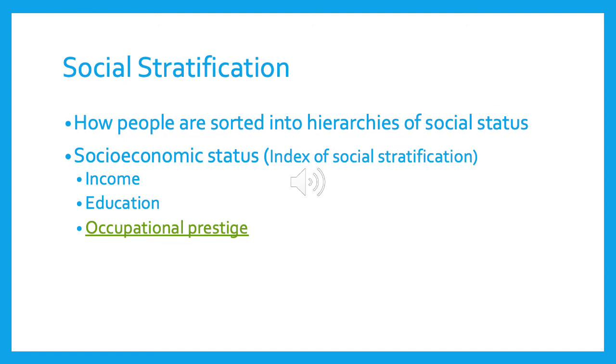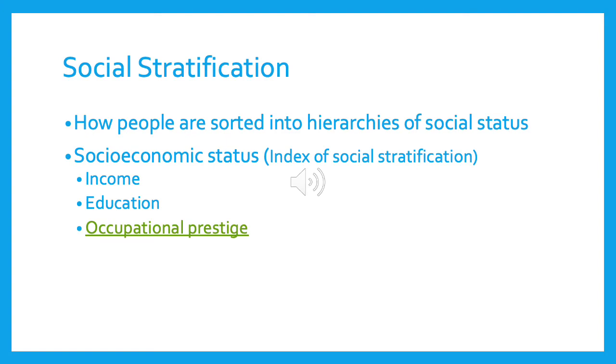So it's not how much you make from what you do for a living. That's covered in income. And it's not how demanding your job is, because that's covered under education. It's literally how prestigious do most Americans think your job is. And we determine this in the same way sociologists determine many things, through survey research.